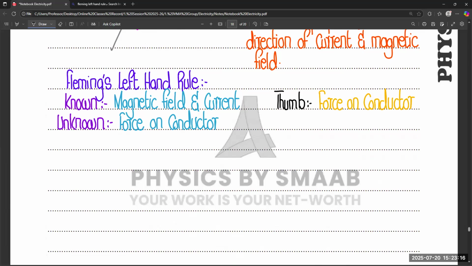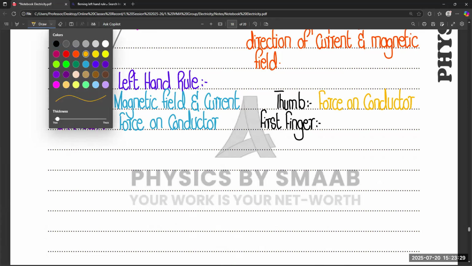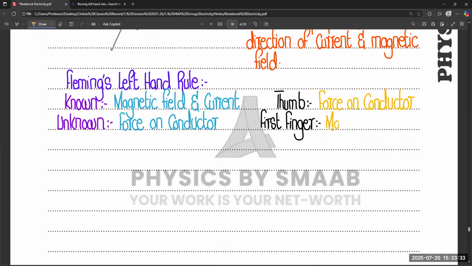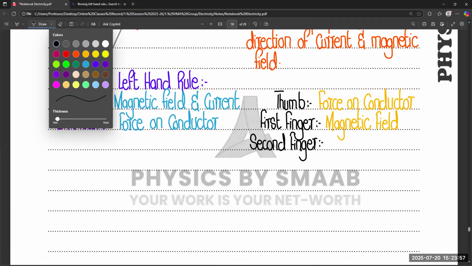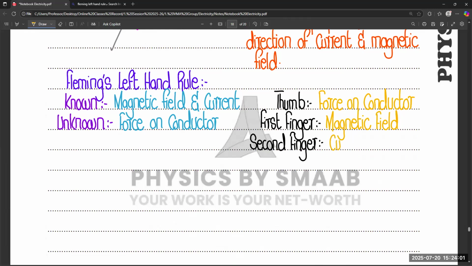Secondly, the first finger represents the magnetic field, and the second finger represents electric current. So this is the concept of Fleming's left hand rule.